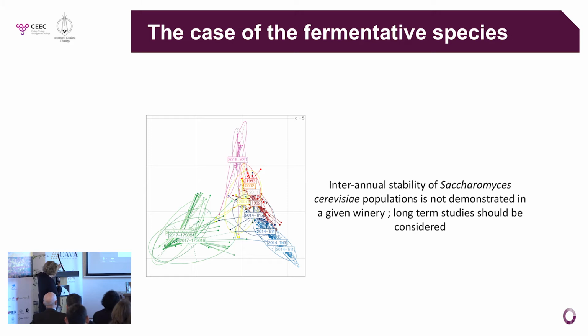So as you can see in this graph, each color is representative of one vintage. You can see that we have a specific differentiation of the Saccharomyces cerevisiae population according to the vintage. Here in blue, we have strains collected in 2014.